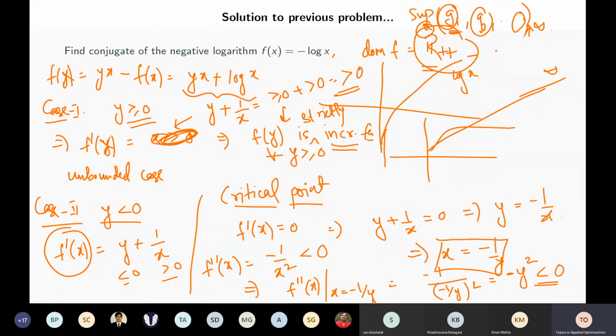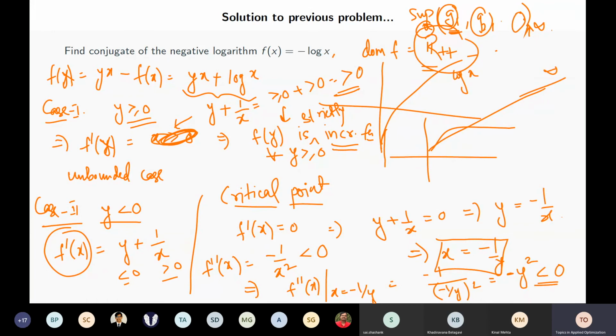Okay, so from here what we learn is the domain of f star is the set of all y for which y will be less than 0, because for any of the x, in this case it's well defined, okay, because there is some maxima that we are getting here, so it's not going unbounded.